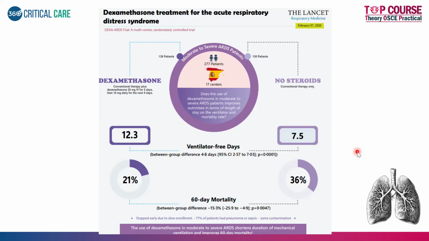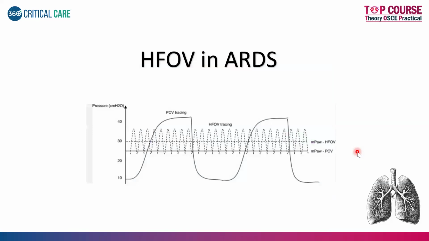So if lesser is better, then it is better to use steroids. But the point is, steroid definitely made a good point when it was compared for overall outcome and decreased number of days of ventilation.